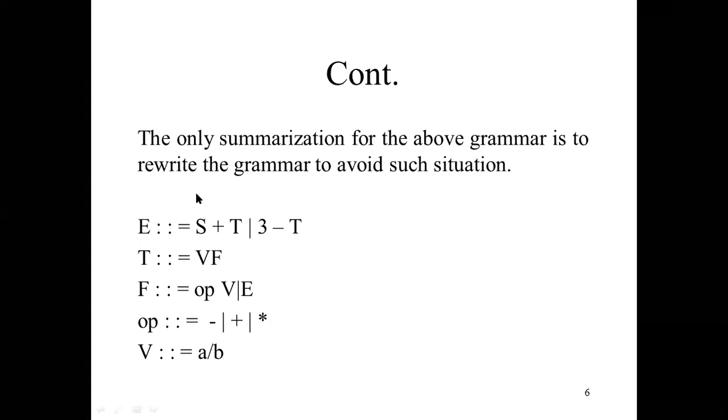So we updated the grammar as E is equivalent to S plus T or S minus T. Again, we have two options, the same options as already described in the problem. But here, we are going to update T is equal to VF. Okay.